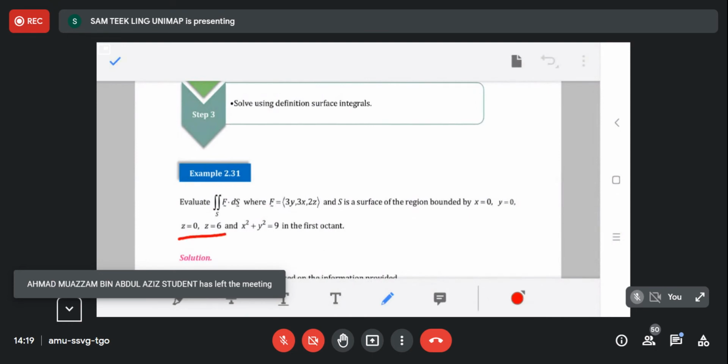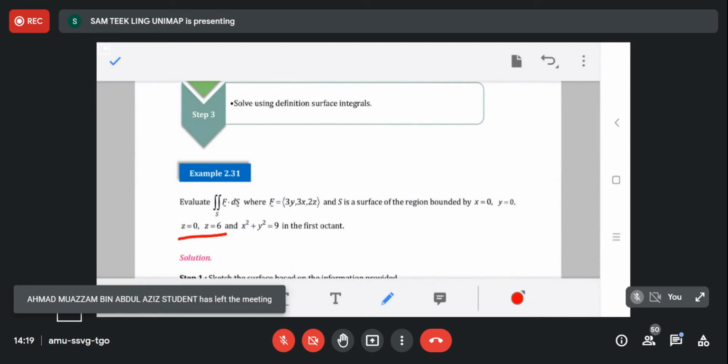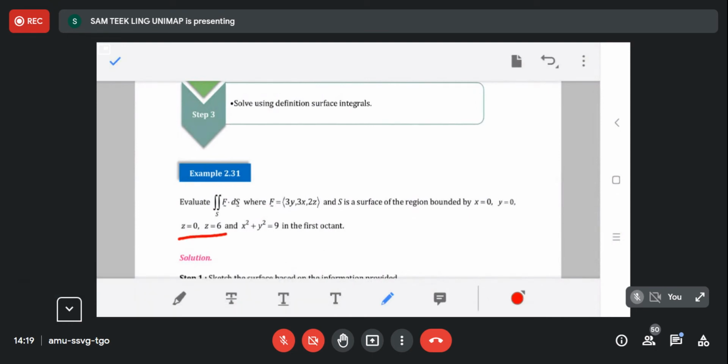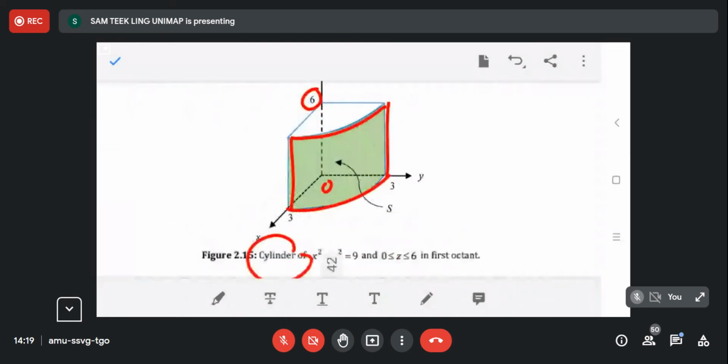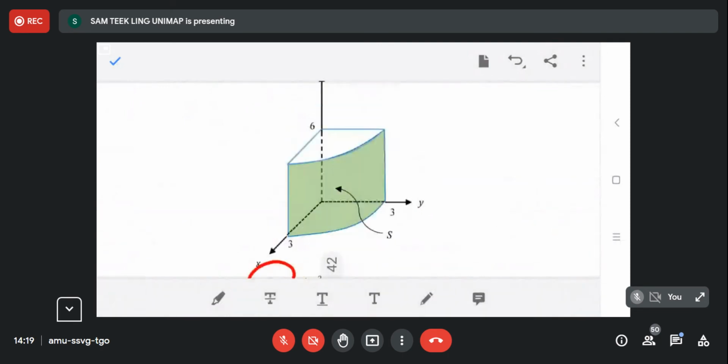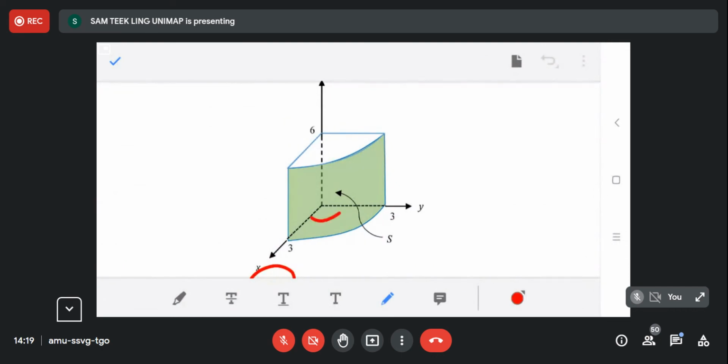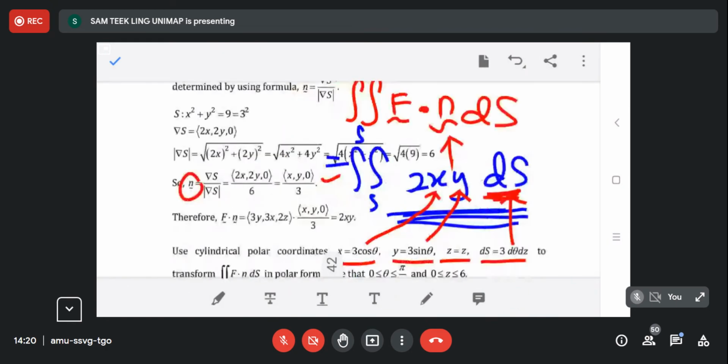So your z limit is z from 0 to 6. Then theta, first octant. From your picture, first octant, so your theta is 0 to pi per 2. First octant, 0 to pi per 2. So this is why.